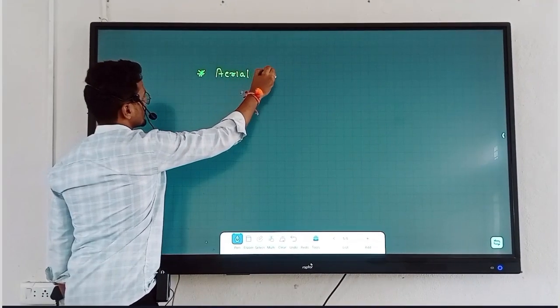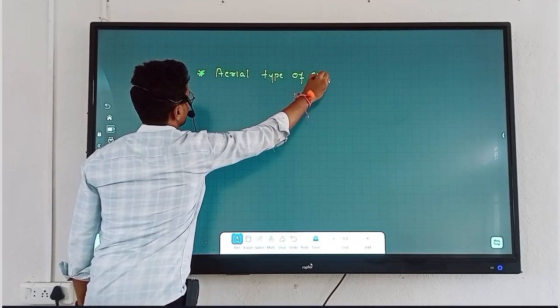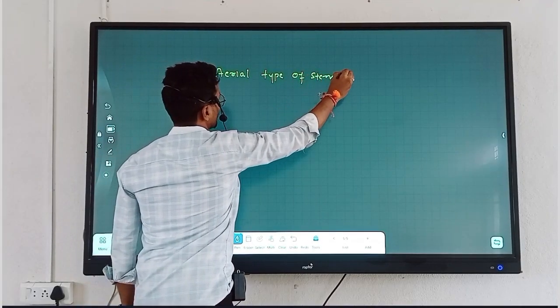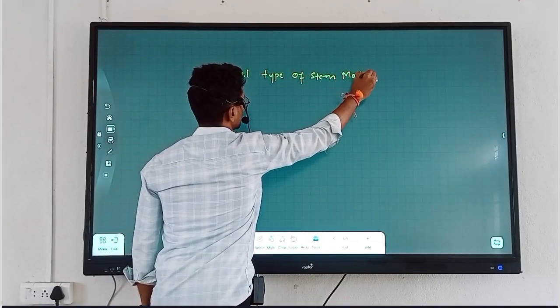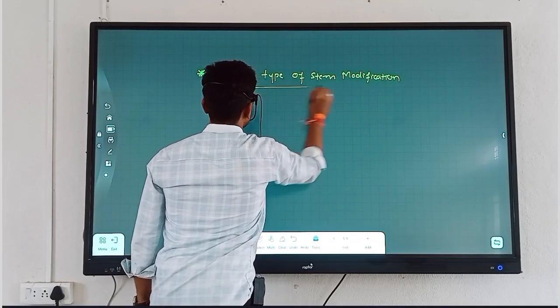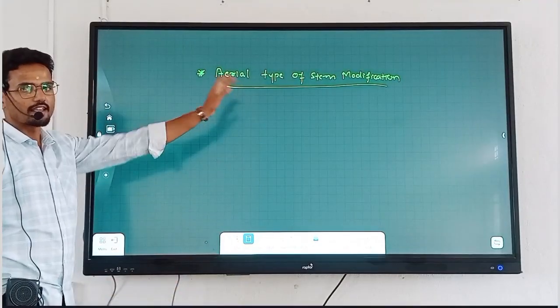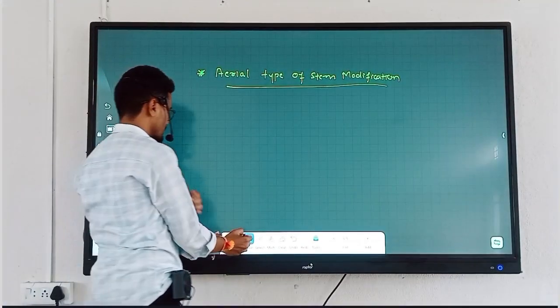Aerial type of stem modification. Okay, this one is called the third type of stem modification.